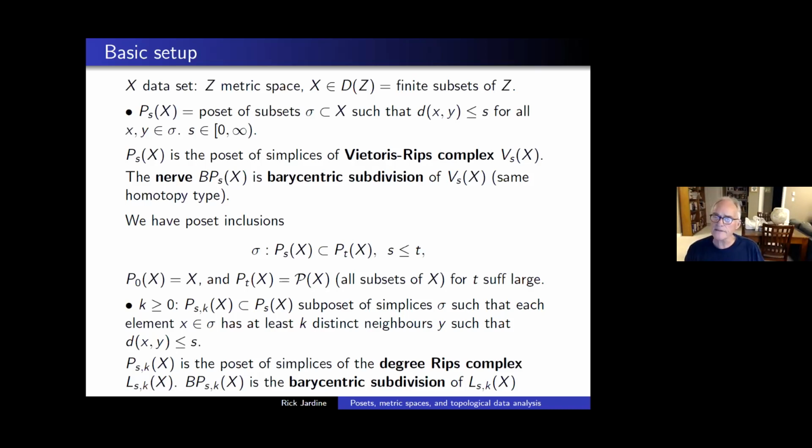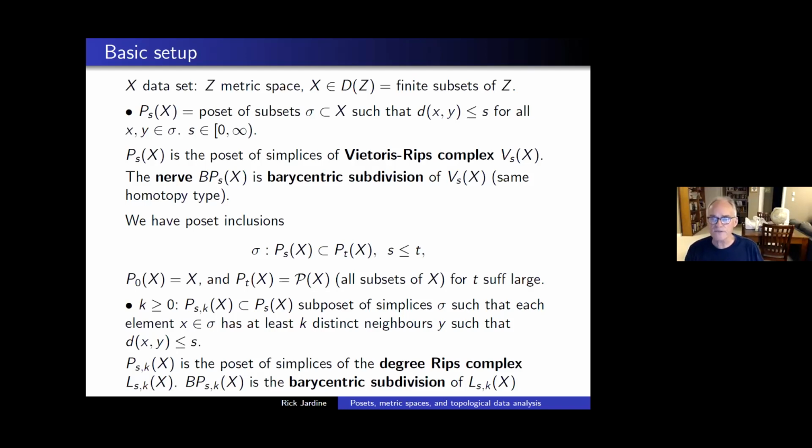And you can either realize it as a topological space, that's fun, or there's another way to get a homotopy type and then a topological space out of it: this poset P_s of X is a category, so it has a so-called nerve. You take the nerve of that, you get a simplicial set, and you can realize that if you want. These two approaches give you the same homotopy type because the realization of the nerve of the barycentric subdivision, I'll explain what that is, has the same homotopy type as the Vietoris-Rips complex.